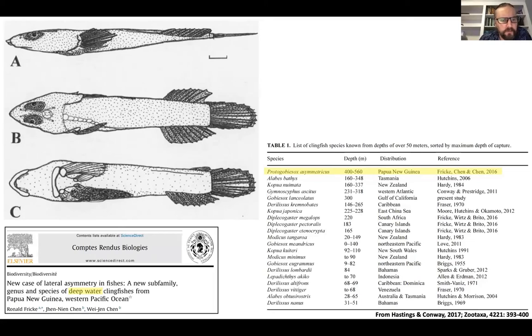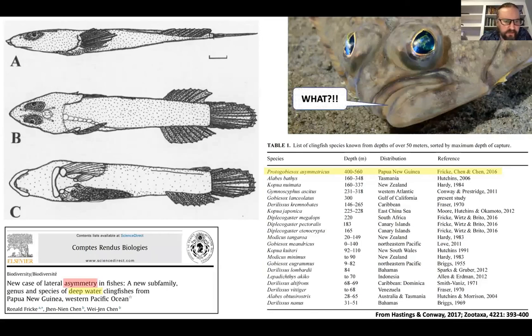It's also interesting because the authors of this paper suggested that it was asymmetrical. Now, asymmetry is not common in nature. It exists, but prime examples of asymmetry include things like flatfishes, where the eyes are on either the left or the right side of the head.